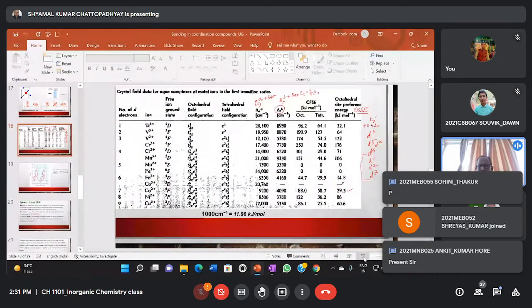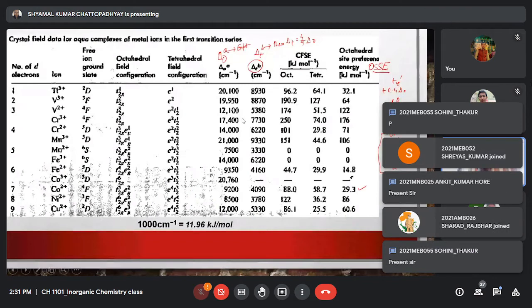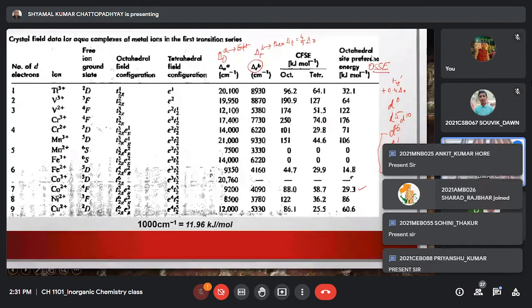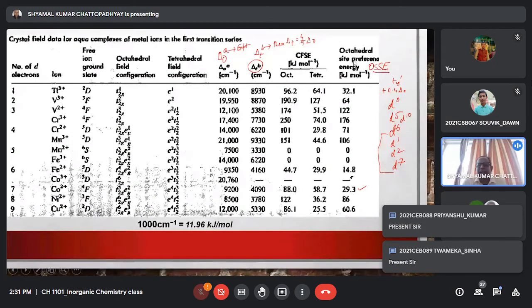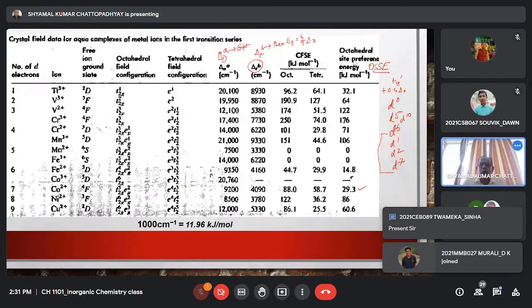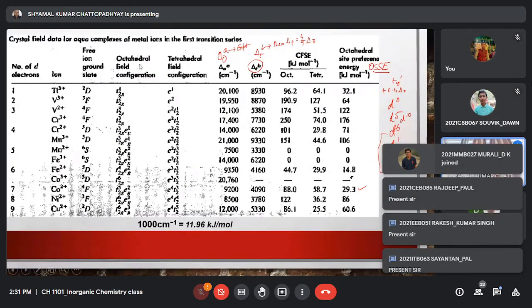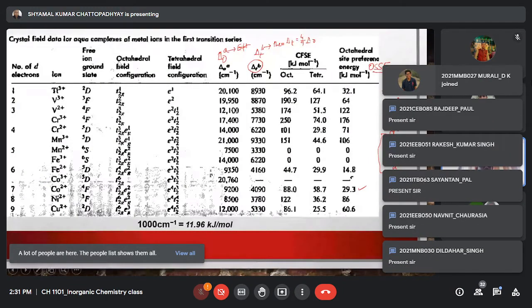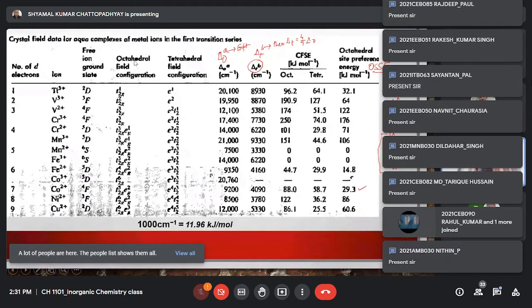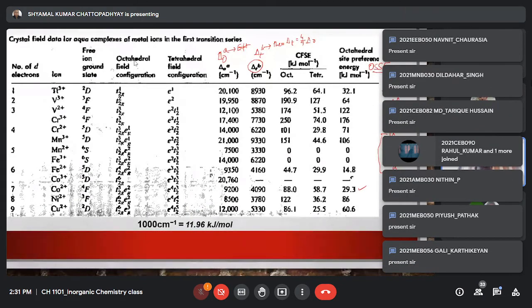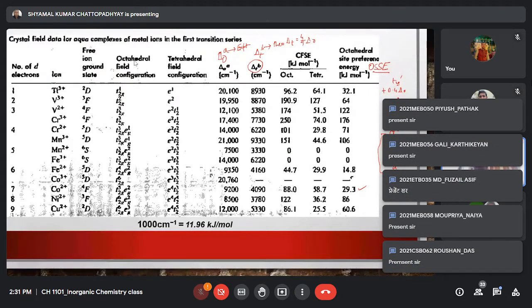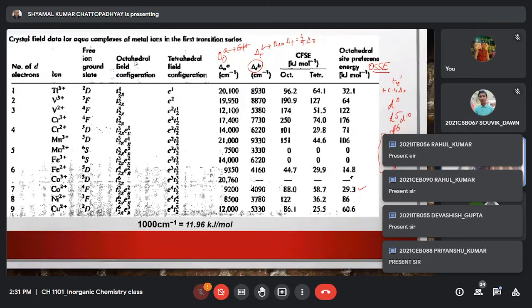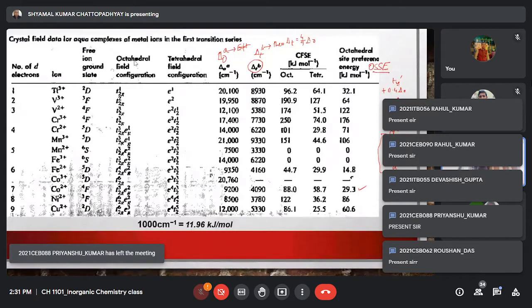So, in our previous class, we have discussed what is octahedral site preference energy, octahedral site stabilization energy, and it is mainly the energy difference between the octahedral metal ion in a given ligand environment, and using the same ligand, if the same metal ion was in the tetrahedral environment, then what is the CFSE. The difference in CFSE between octahedral and tetrahedral metal ion system is known as octahedral stabilization energy.